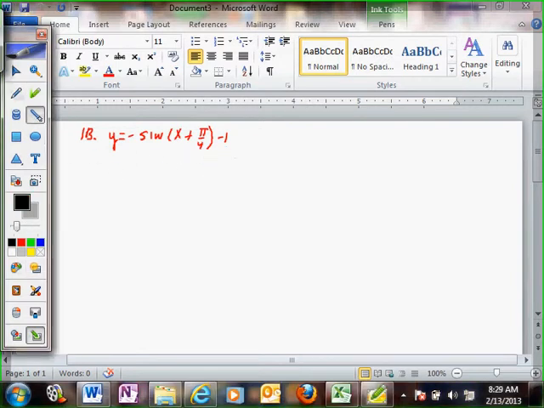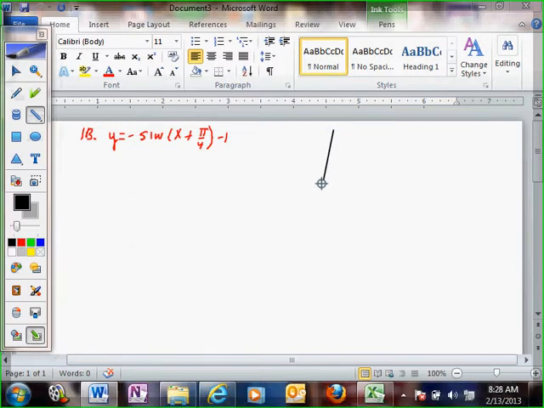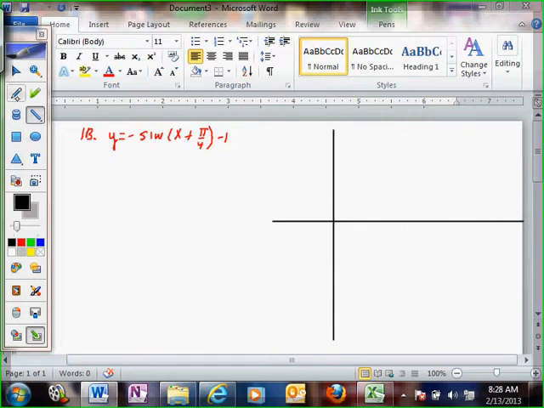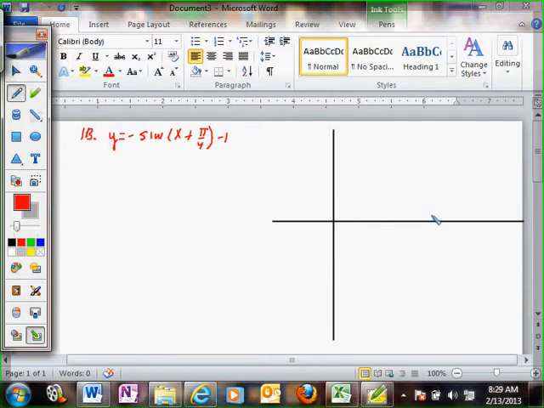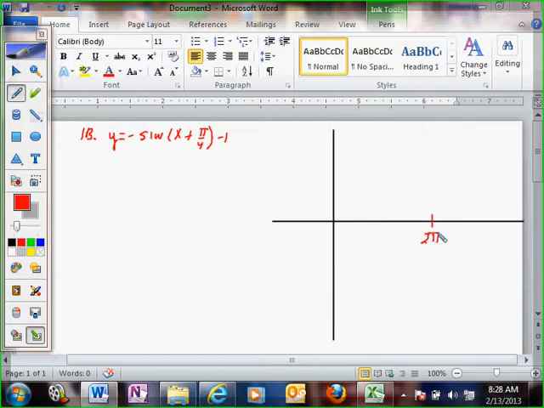So when the period doesn't change from the parent function, or when the period is still 2 pi, I'm just going to trace out my parent function first. So my period over here is 2 pi, which means this is pi halves, pi, and 3 pi halves.